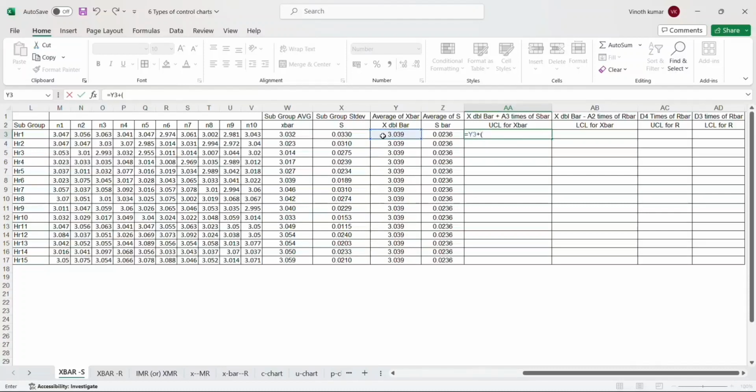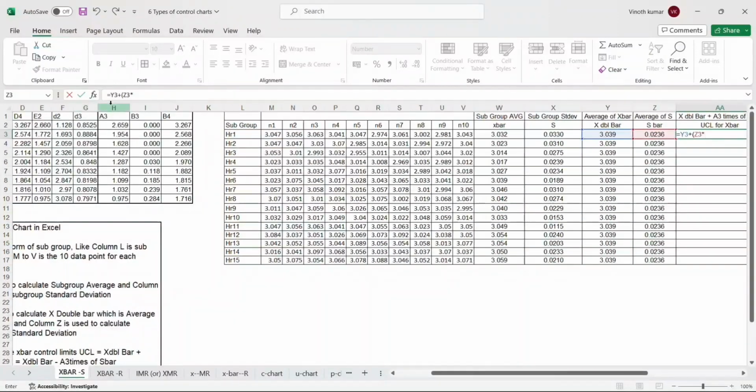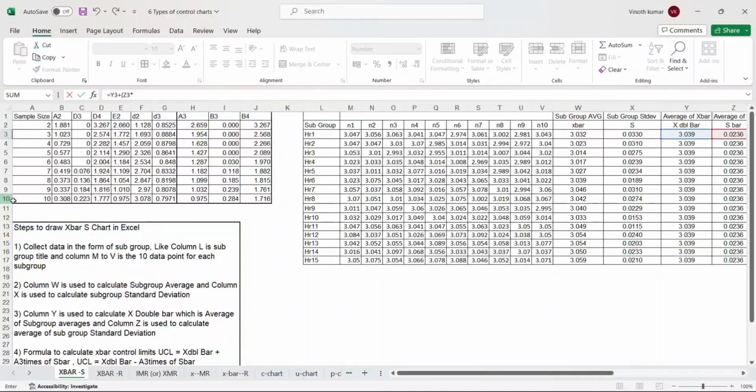Here instead of R bar, we are going to select S bar. And for S bar, the constant is going to be A3. So here we have introduced three new columns for this X bar S chart, which are A3, B3 and B4 values. My sample size is 10. So here I have 10 and the value I have to select is A3. I select this particular value and close my bracket.